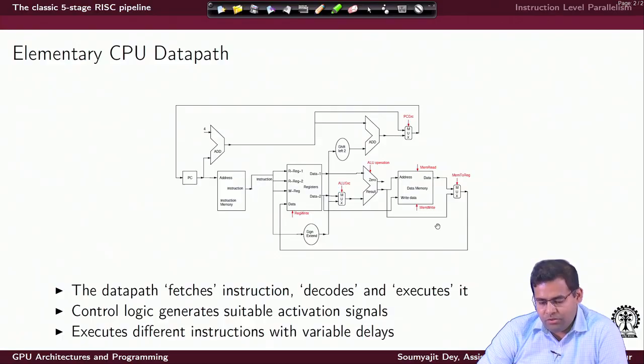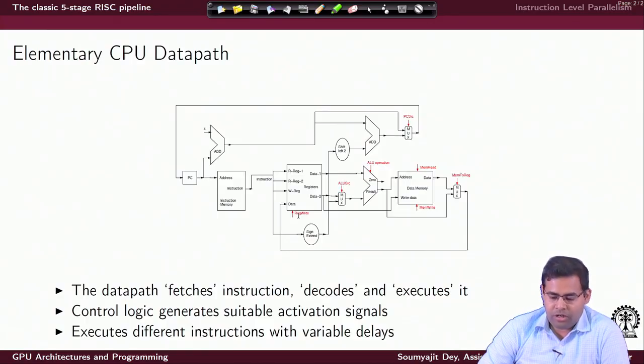These lines expect digital commands based on which they decide how this digital system would operate. Fundamentally, the data flowing in from a hardware unit should be used for what kind of functionality inside the hardware unit and should be routed as an output to which hardware unit. This is what is dictated by these signals marked in red, and they are known as the control signals. The control signals get generated through a separate logic called the control logic.